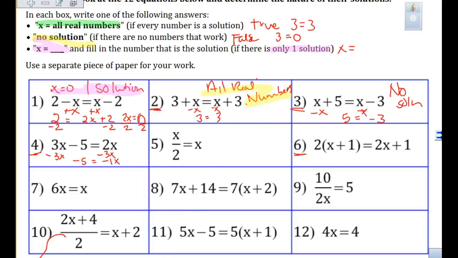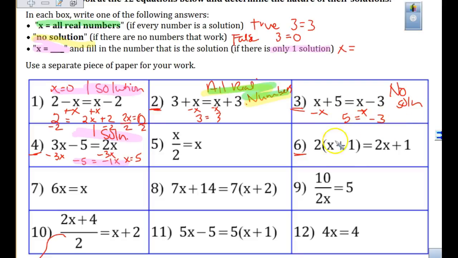Because I can divide both sides by -1. When I divide both sides by -1, x is equal to a number, so I am going to be able to solve, and x is going to equal 5. And so when x equals 5, I am going to have one solution, okay?